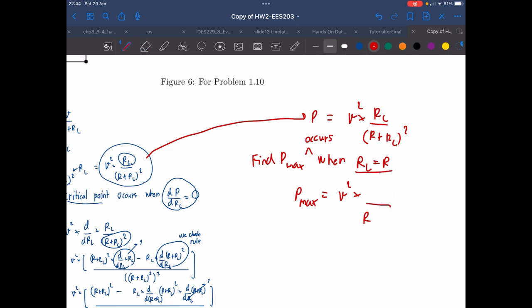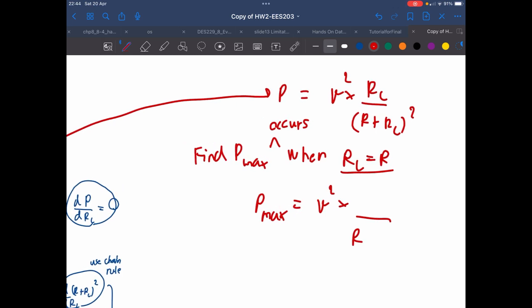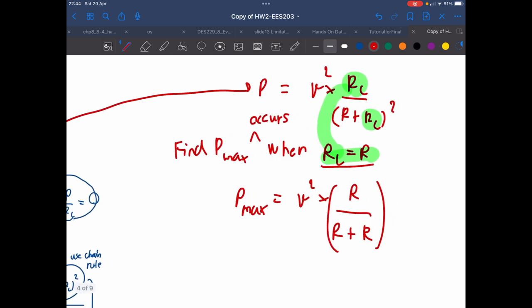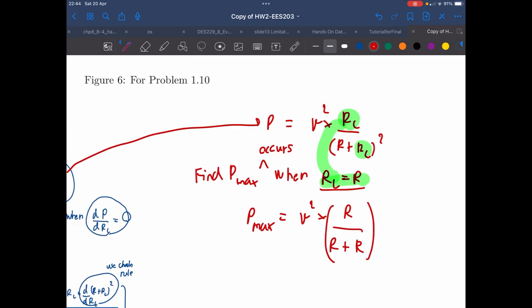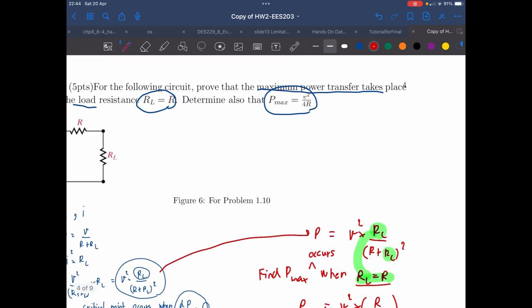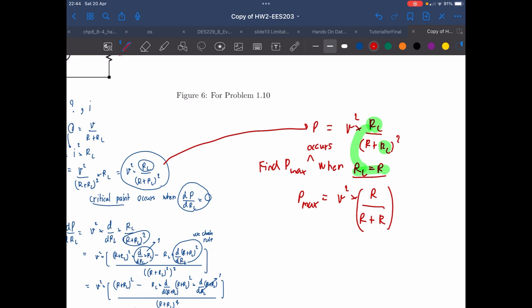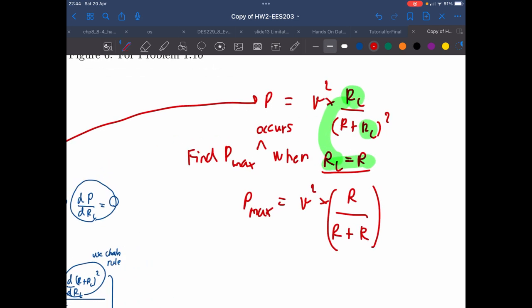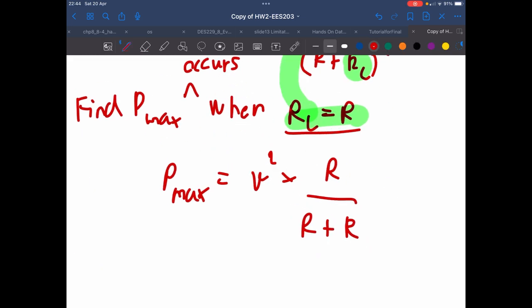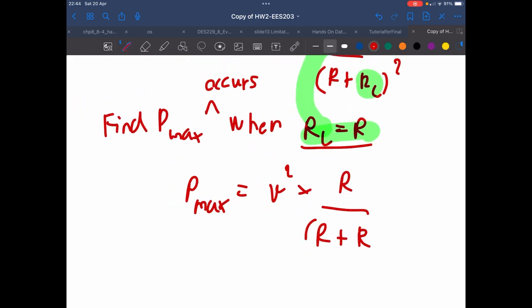Let's assume that we substitute this condition already. Then we get R divided by R plus R. You see the highlighted part right here when referring to this condition. Then what we get, I think there's some typo here.